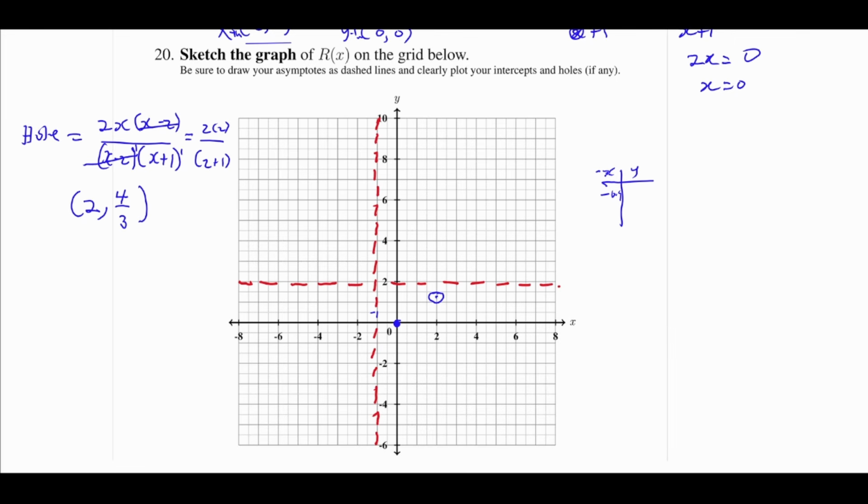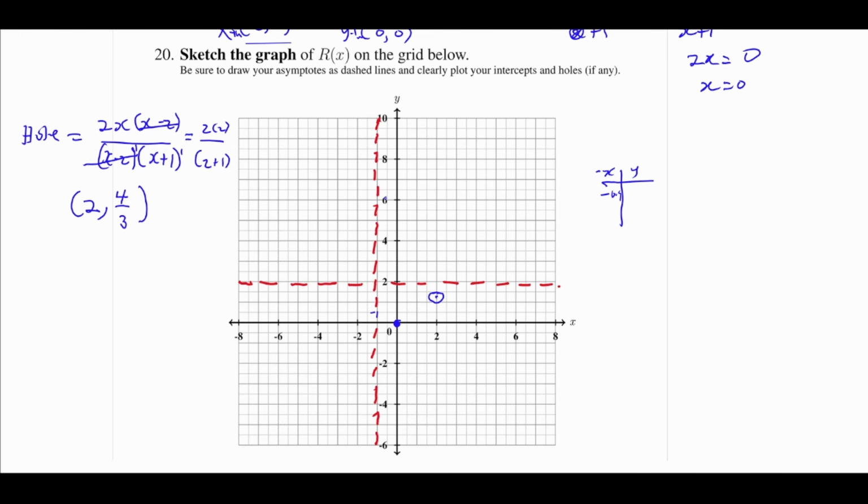If I substitute that into the function, I will see how the graph will look.